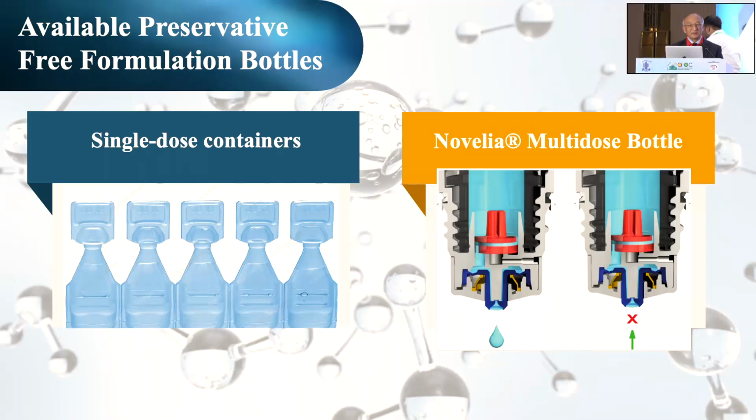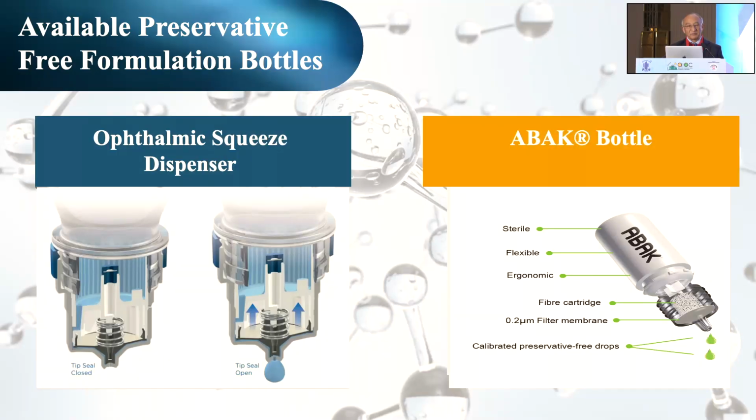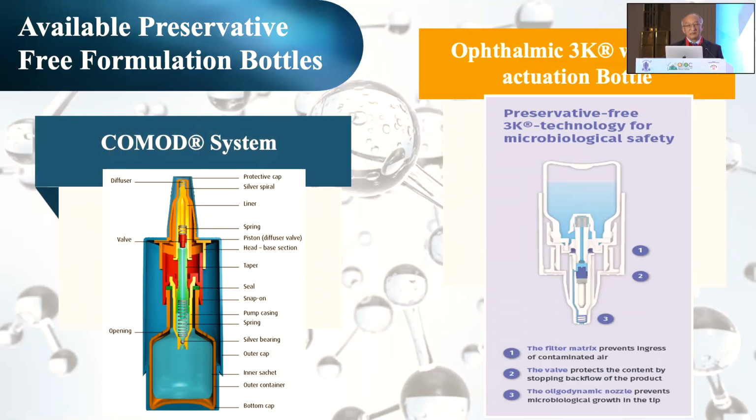So there have been a lot of efforts to have single dose containers. Those are unims, and they are costly, but very difficult to have in the Indian scenario also. Or you have a multi-dose dispenser, normally the Novelia technique, where they have systems which give 1 drop, and there is some sort of valve action where air can pass through in the reverse way, and it also has a filter to prevent bacteria from going inside the bottle.